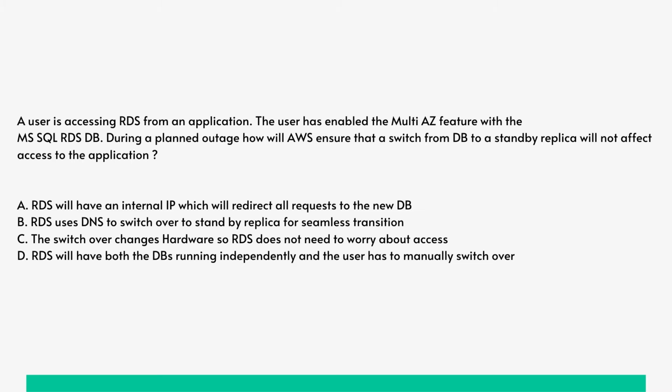Option C: the switch over changes hardware, so RDS does not need to worry about access. And option D: RDS will have both the DBs running independently and the user has to manually switch over.